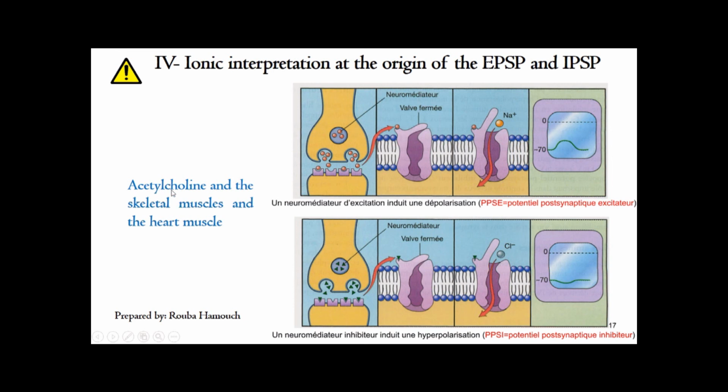So it is excitatory at the level of the skeletal muscles. Whereas at the level of the heart muscle, which is an involuntary muscle, acetylcholine is an inhibitory neurotransmitter, it blocks the heart muscle contraction. So a neurotransmitter can be either inhibitory or excitatory, like acetylcholine.